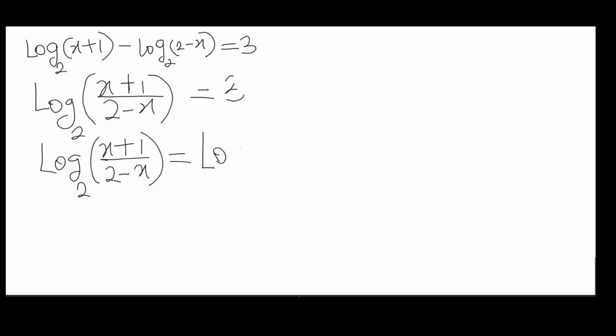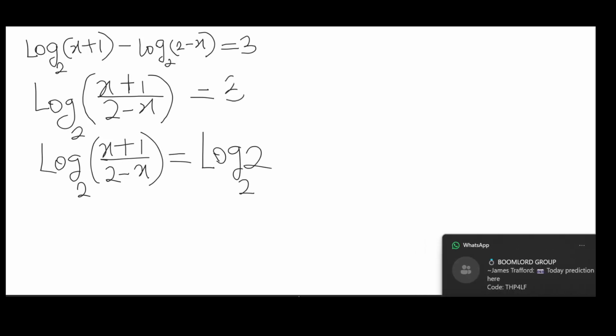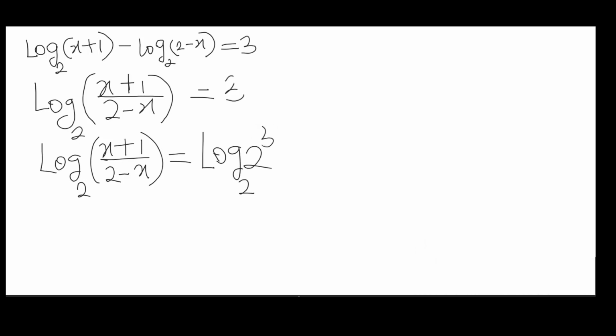Logarithm. So it becomes log. I'm going to give it base 2 because we are considering base 2 on the left hand side. So base 2, then we have 2, then we have to the power of 3.